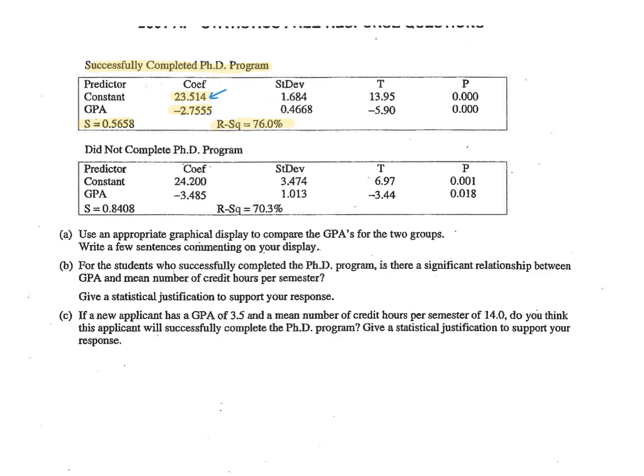Okay, the constant. What's the algebra word for that? Because it says they're both constants, Josh. Okay, yeah. What is the negative 2.7555? Slope.